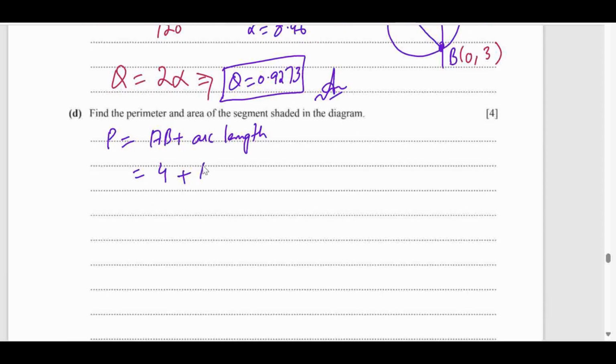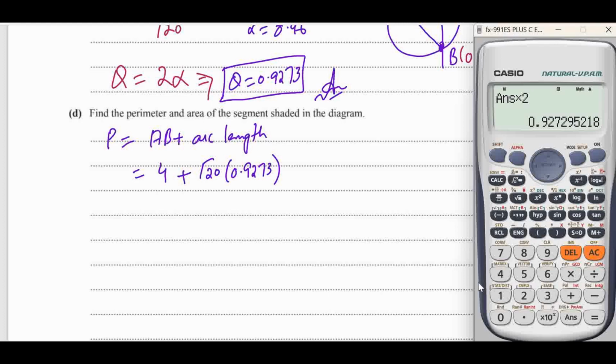So r is square root of 20 and theta is 0.9273. So if we simply multiply it with square root of 20 plus 4, we will get 8.147.